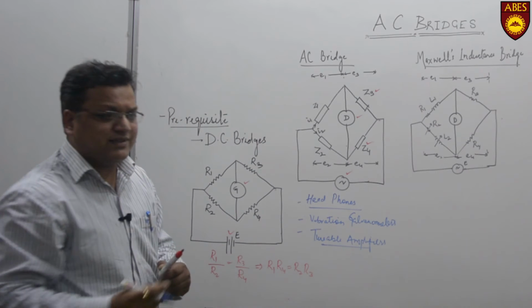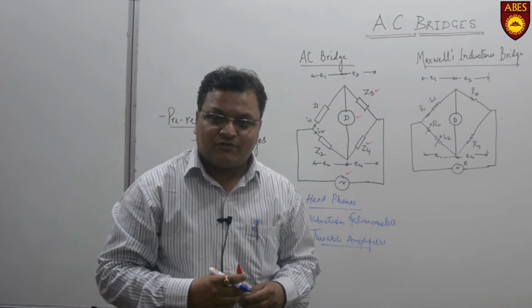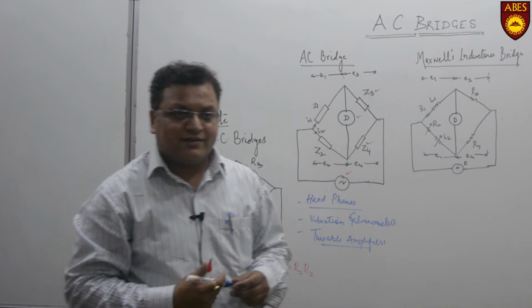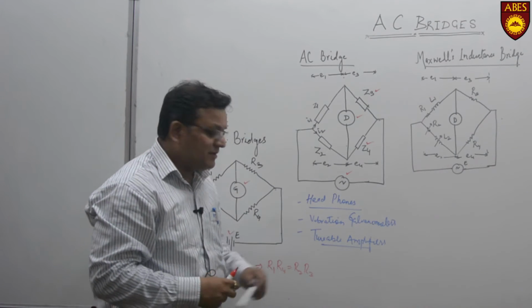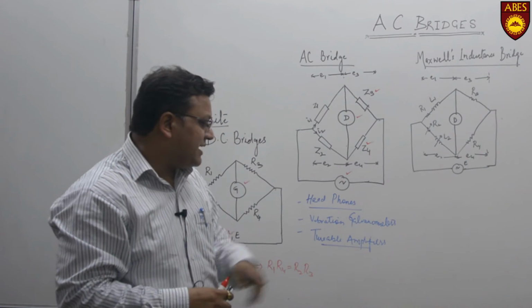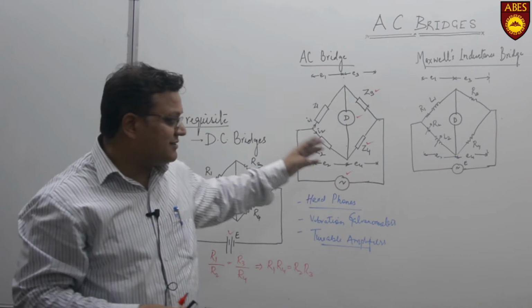The range of frequency for headphones is 250 Hz to 4 kHz. For the vibrational galvanometer, it is 10 Hz to 1 kHz. And for the tunable amplifier it is 10 to 100 kHz. So depending on the range of frequency, we may choose any of the detectors and connect it in the circuit.